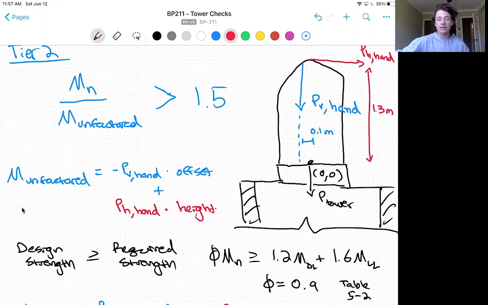But note that this requires us to split our cable forces into dead load and live load contributions. Make sure not to use full load instead of live load, because you will be double counting. You probably have already calculated these cable forces from dead load in the past in BP211, but you will have to go back and split these up and then redo the forces on a single column in order to have those split contributions that we can add separately.